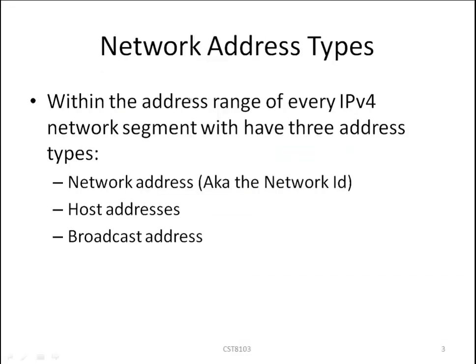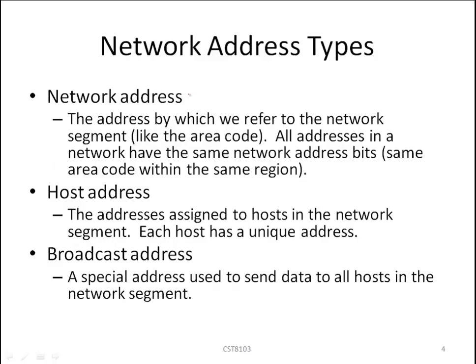Within each network segment, we find three types of addresses. We have the network address, also known as the network ID or the area code if you want. We have host addresses and the broadcast address. The network address uniquely identifies the network. Host addresses are the addresses that are used and assigned to devices.